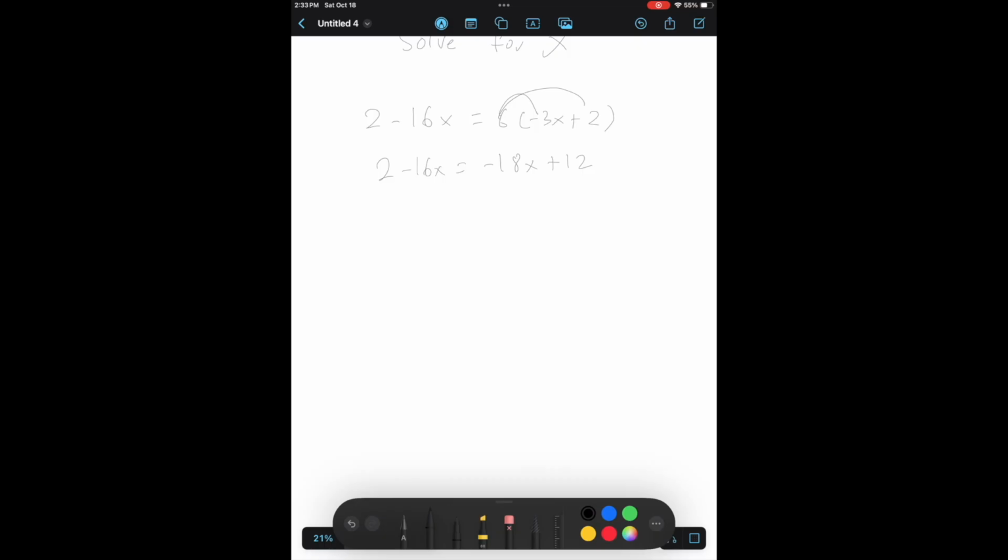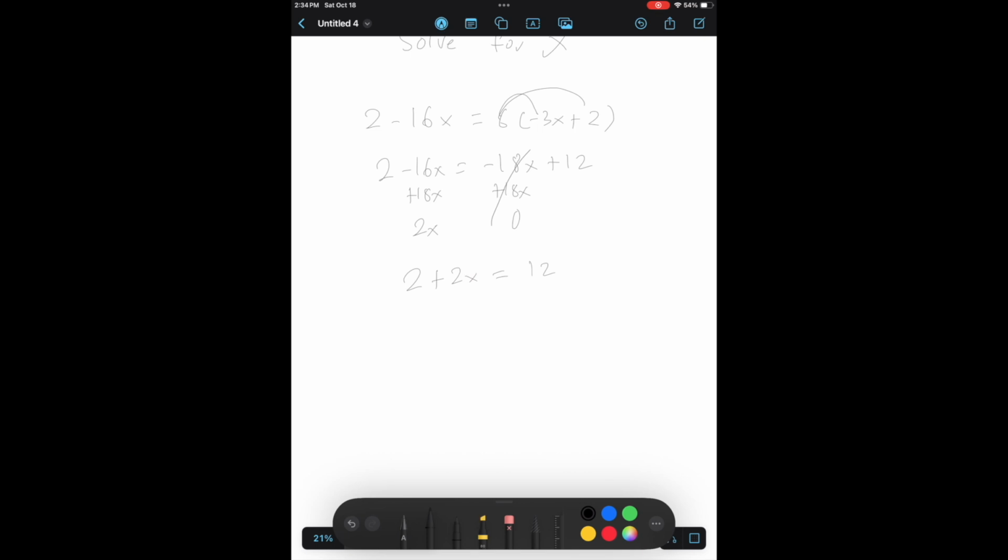Now I'm going to move stuff around. I'm going to add 18x over here, and then you'll notice this becomes 0 and this becomes 2x, right? So now if I rewrite this equation, it should be 2 plus 2x is equal to 12.